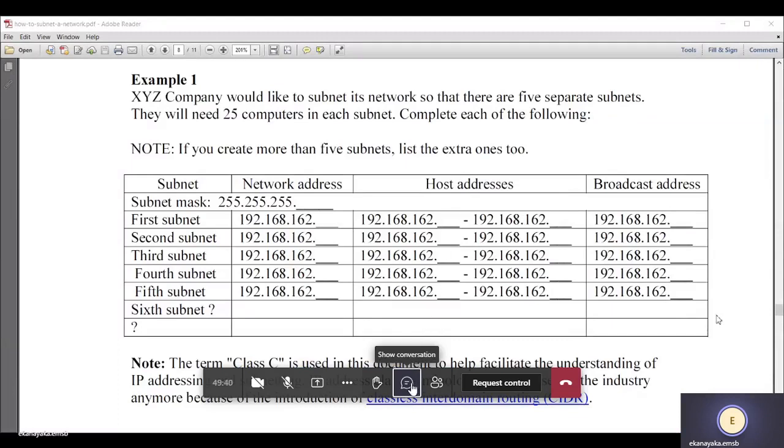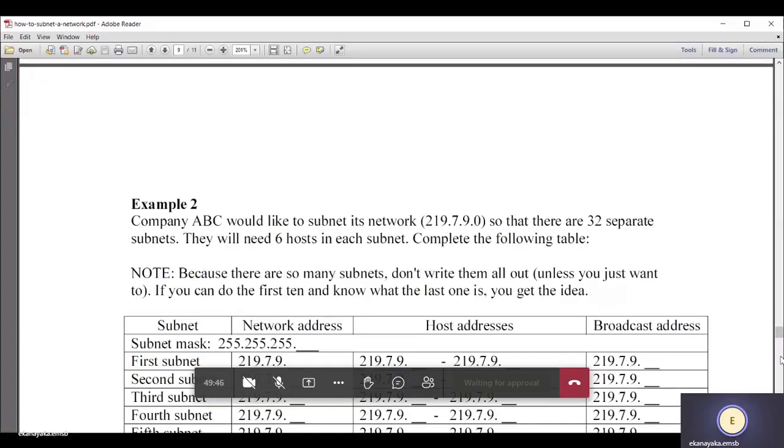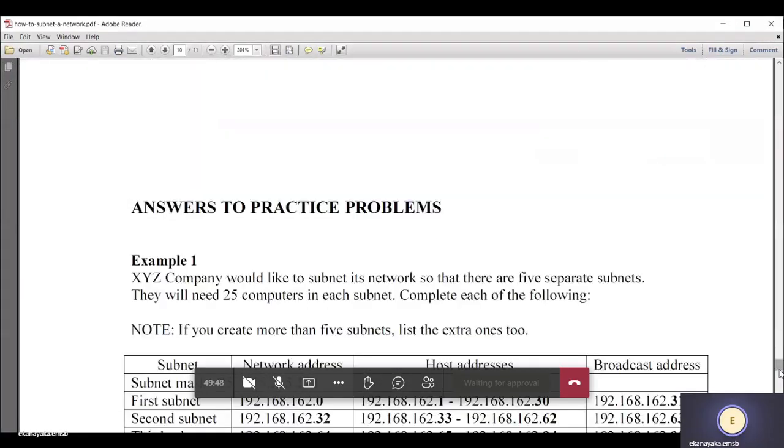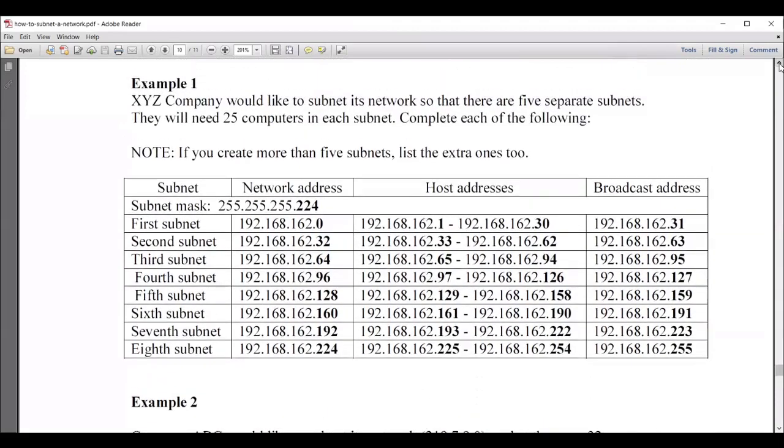I'll show you the complete answer. So you can see if you have made any mistakes in your answer, and you can correct them.